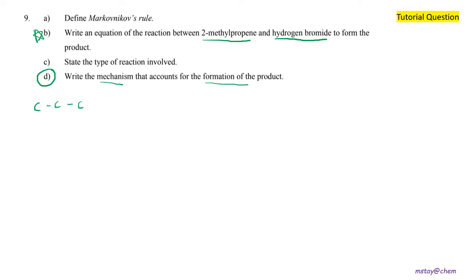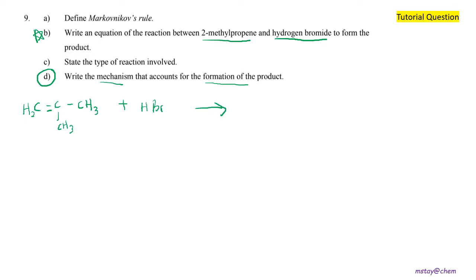Propene has 3 carbons, so the double bond is between the first and second carbon. The second carbon has a methyl group, and the third carbon still needs another 3 bonds, then reacts with HBr.